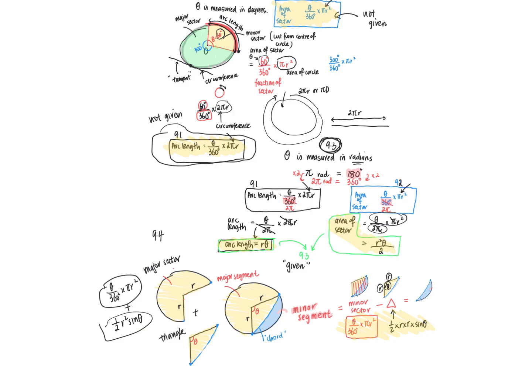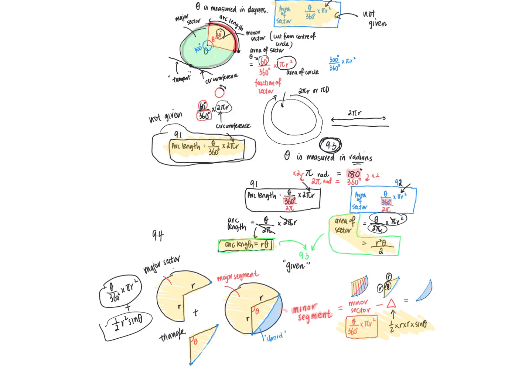Not enough POA teacher. Okay, so the arc length formula, when theta is in degrees, is theta over 360 times 2 pi r. But when it's sector area, then it's theta over 360 times pi r squared. That's the only difference. Area is this, length is this.